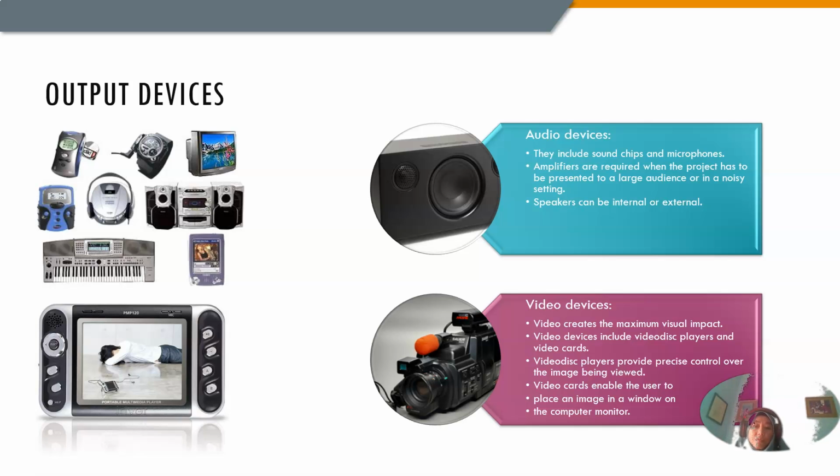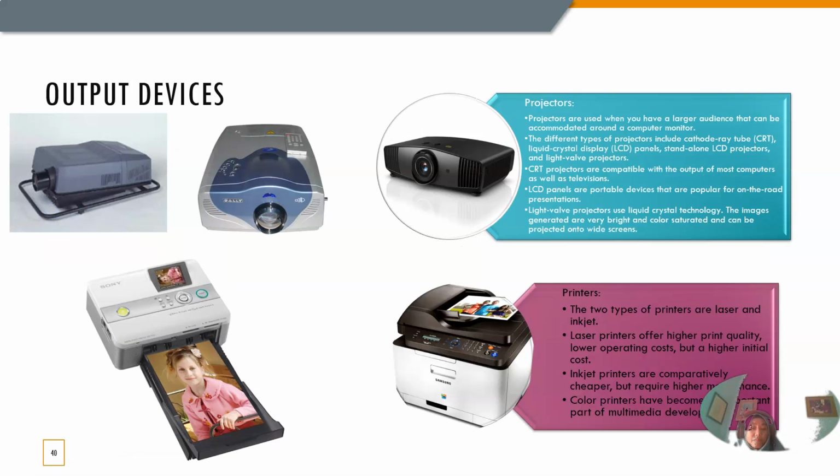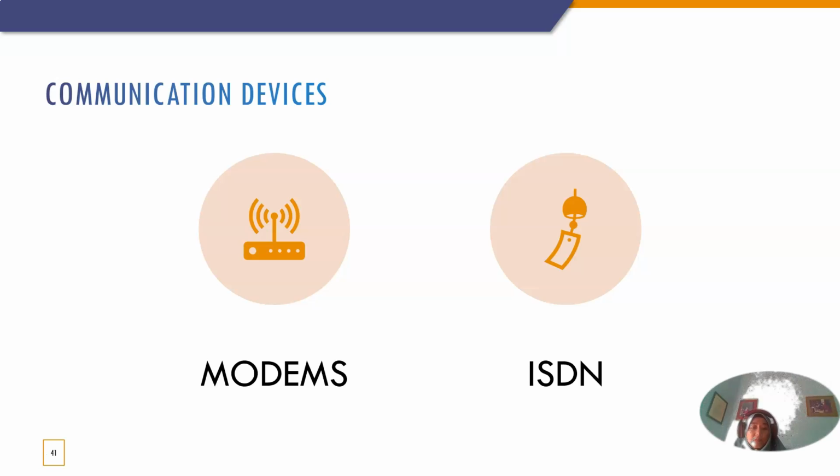For example, for audio, the input is the microphone and the output is the speaker. You want to hear what you have recorded, so you are using the speaker. In terms of video, it can be both an input and an output device. Other output devices that we have are projectors and printers.